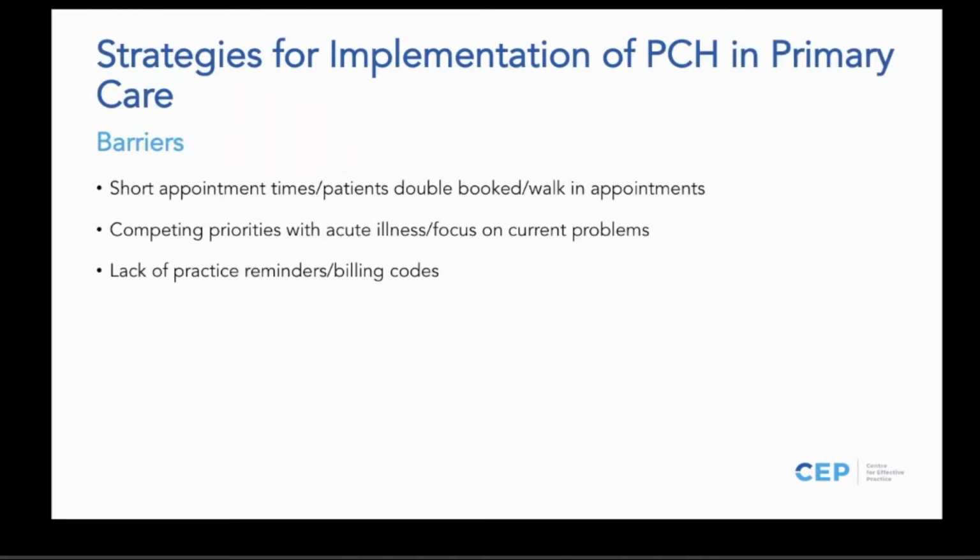So how do you implement this in primary care? We realize that there are barriers, such as short appointment times, competing priorities that patients have with acute illness or a current problem, and a lack of reminders to trigger us to actually ask these questions. And also, there's no direct billing code for the service that we would provide.